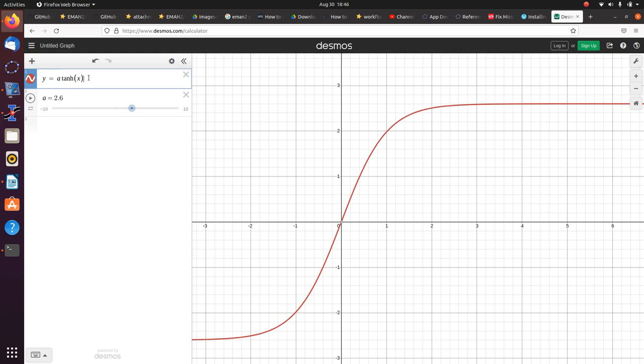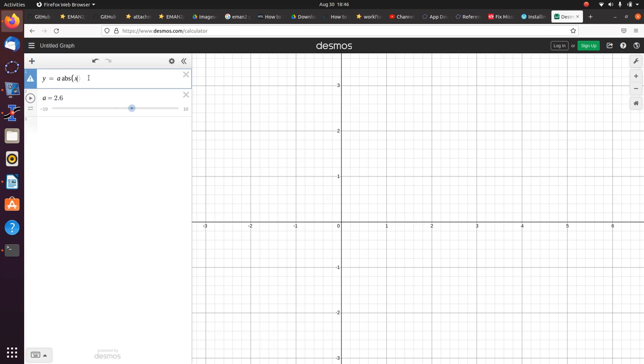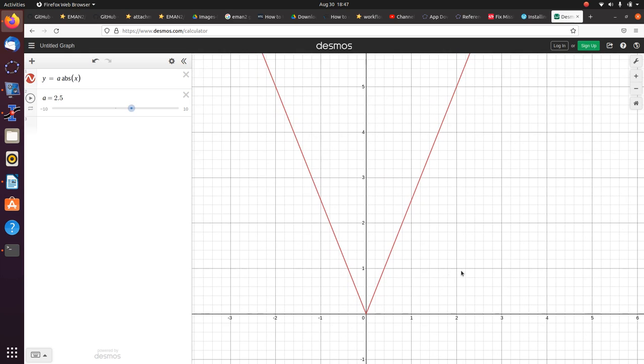We can also have relationships that are not quite so smooth. For instance, the absolute value of x. We can also play around with how wide this opens or flip it upside down, just like we could with the parabola, except you can see that there's a very sharp point here for the absolute value sign.